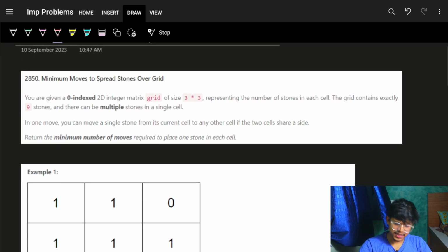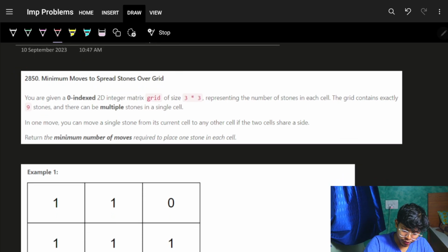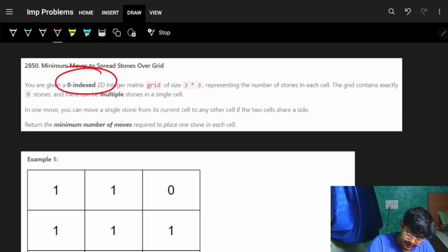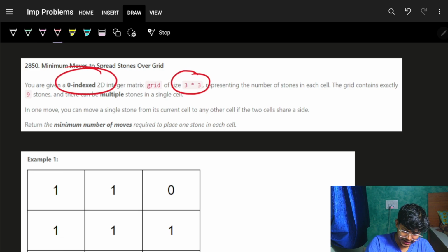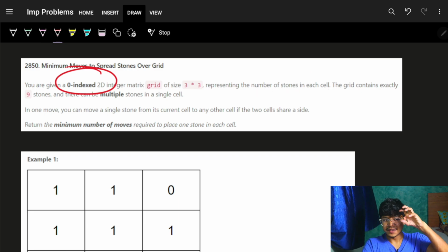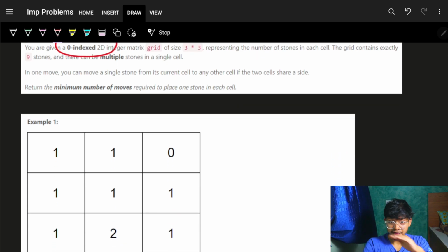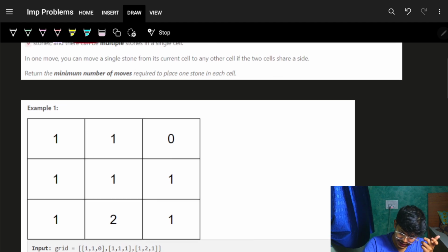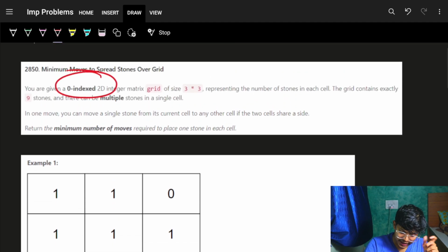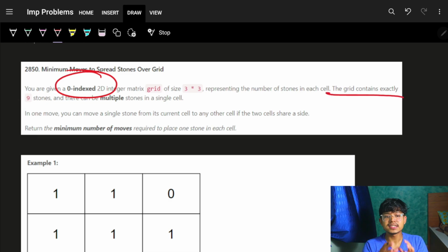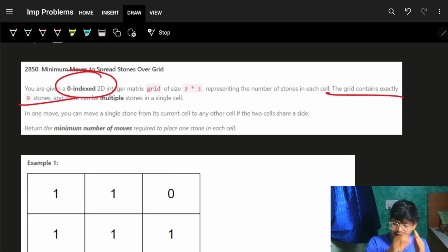So let's see. The problem says minimum moves to spread stones over the grid. Again, we are having a 2D grid as 3 cross 3 representing the number of stones in each cell. Now, I have just a 3 cross 3 grid that's fixed size, and also each value in this grid can at max be of value 9, which means in total my grid contains exactly 9 stones. That's fixed for sure. Cool.